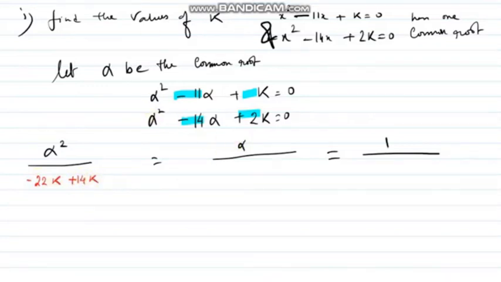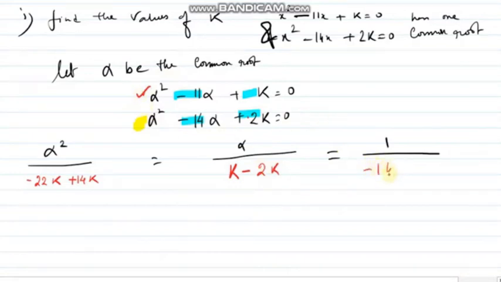For alpha, I will start from here. So 1 into k minus this into this, 2k. 1 divided by, again we will start from the top, 1 into minus 14 minus plus 11.